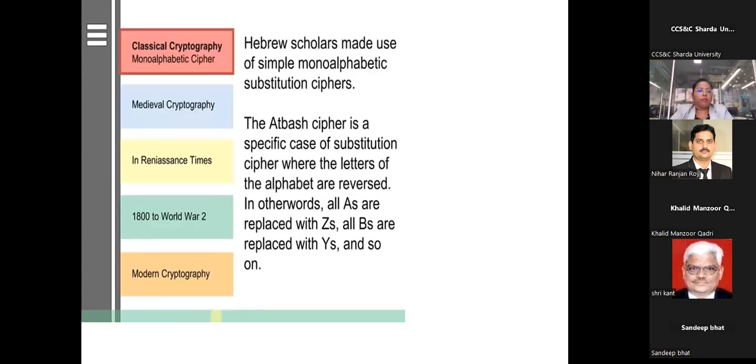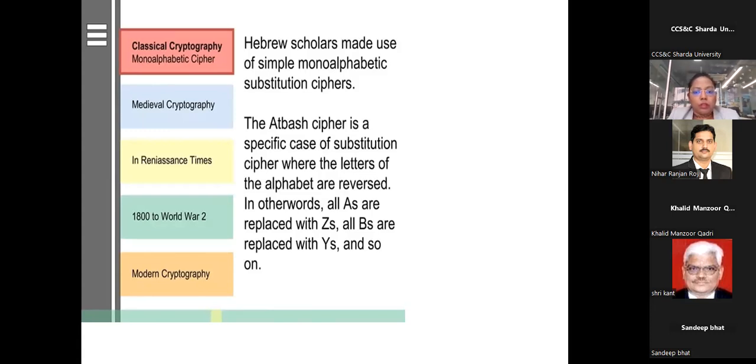If you look at the previous cipher I discussed, the Caesar cipher, it was monoalphabetic in nature. Monoalphabetic means each letter gets only one replacement. Suppose a particular letter appears 3 times in a sentence; each time that letter will get the same substitute, and that's why it is called a monoalphabetic substitution cipher.